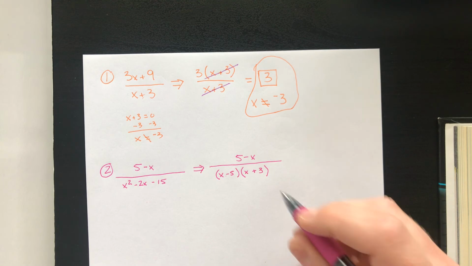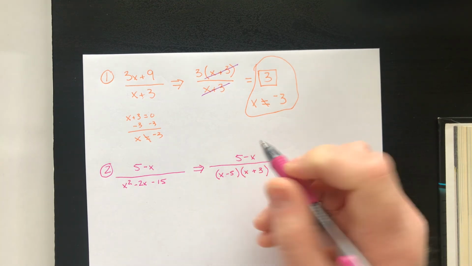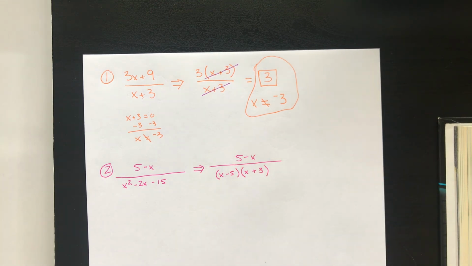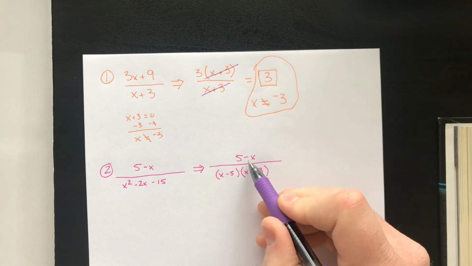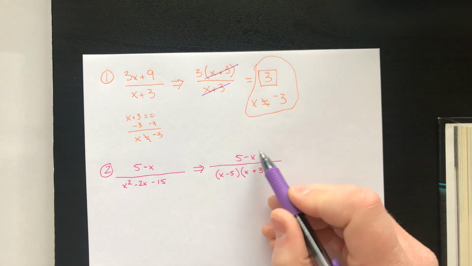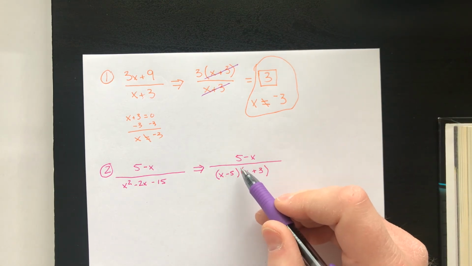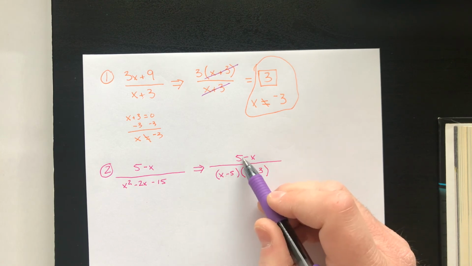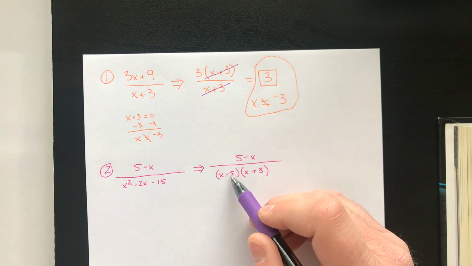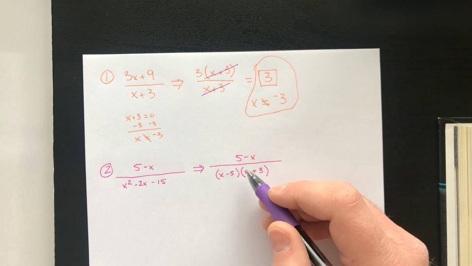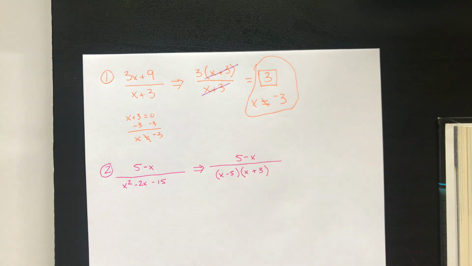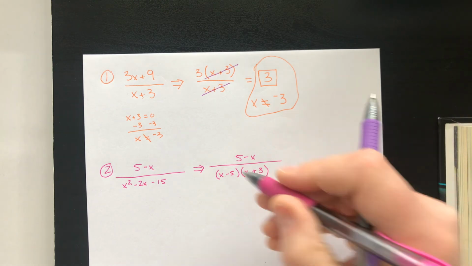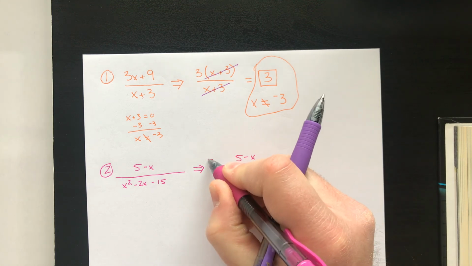But I can't just cancel the numerator, this 5 minus x, with this because it's not the exact same. Up here we have a positive 5. Down here we have a negative 5. So what am I going to do to the numerator? I am going to factor out a negative.